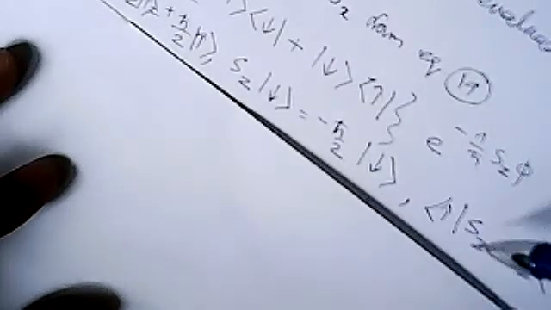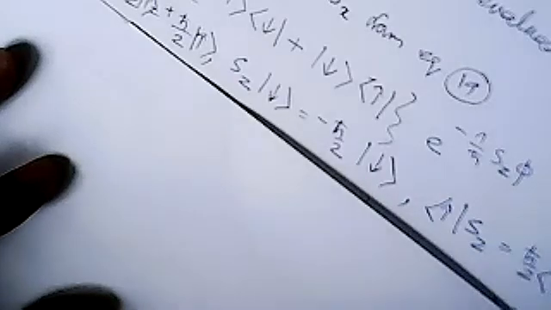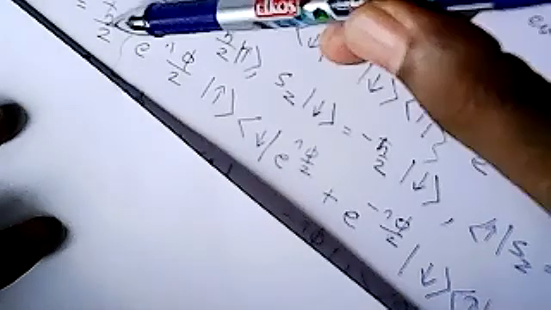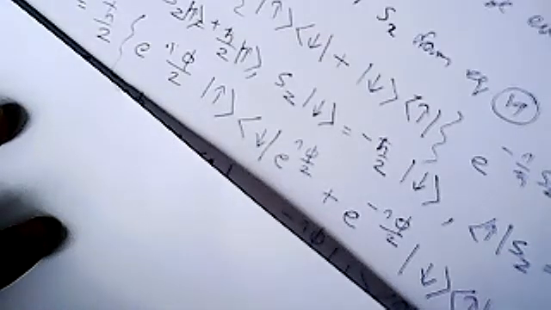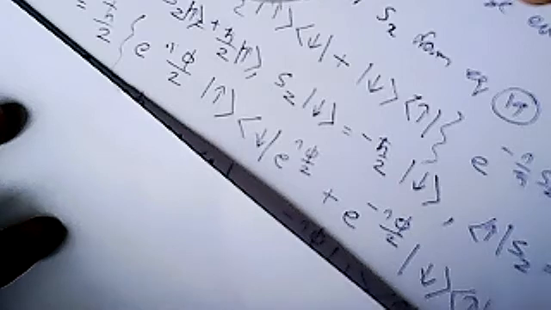Similarly, Sz acting on bra spin down is also like that, minus h cross by 2 bra spin down. So I substitute this result. This becomes h cross by 2 here. Then e to the power of, after operation, you replace again 1 plus x by e to the power of x.